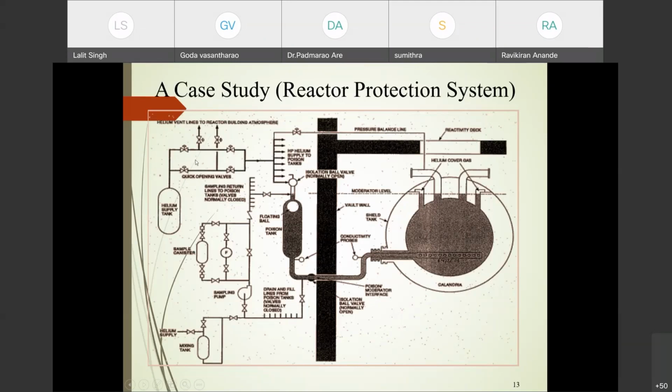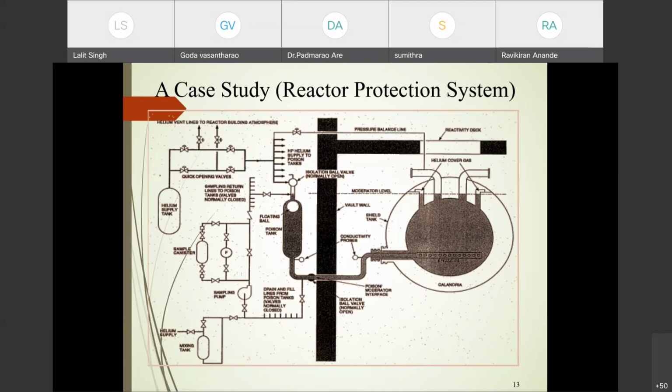Now let us imagine the scenario after injection of the poison, and I want to restart after normalizing all the process parameters, after maintaining all the components that malfunctioned, due to which the reactor regulating system or the control system was not working. If I want to restart my reactor, then I will have to close these 2 valves, which I have put in the parallel line.